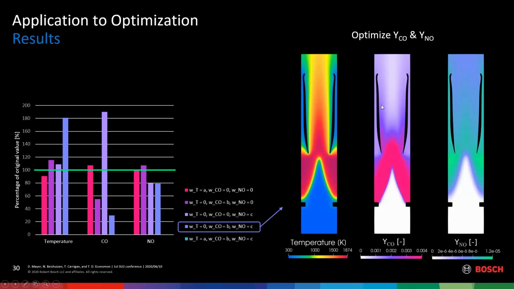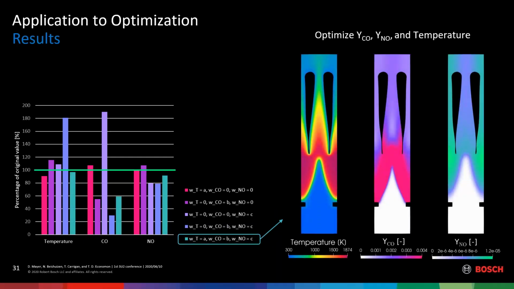Also, the cross-section area here is much larger than in the original geometry. So that means the gases flow a little bit slower, and you have more time in this region of high temperature to oxidize CO further to CO2, so CO goes down. And at the same time, NO gets cooled in the region where we have the most extreme temperatures here, which also leads to a reduction of NO of 20%.